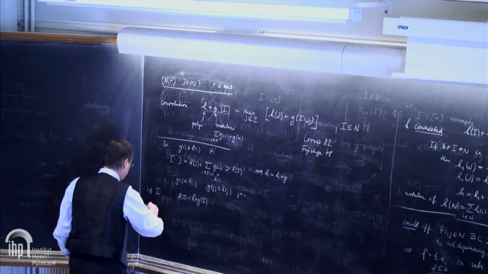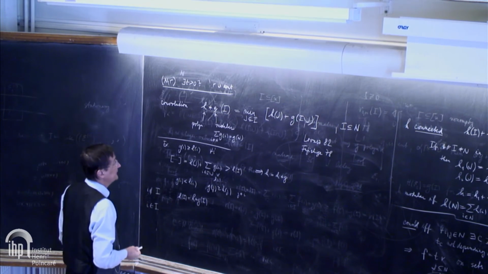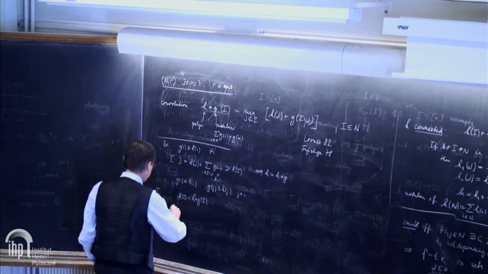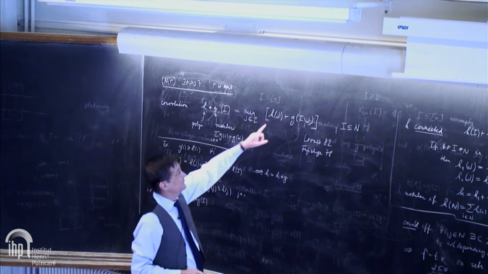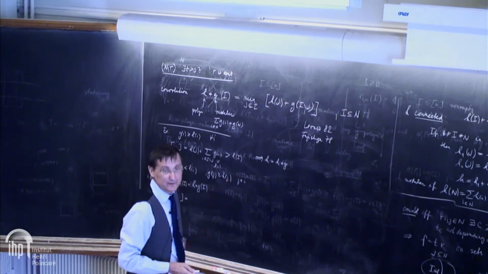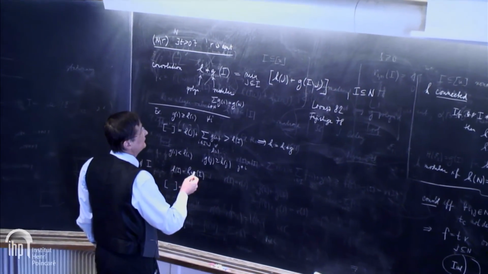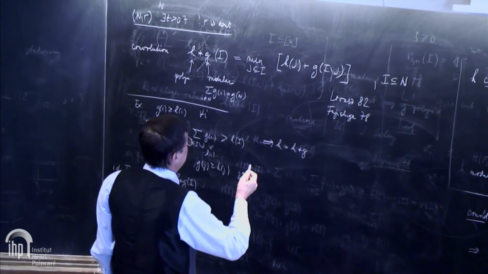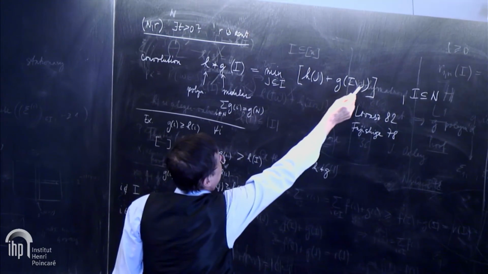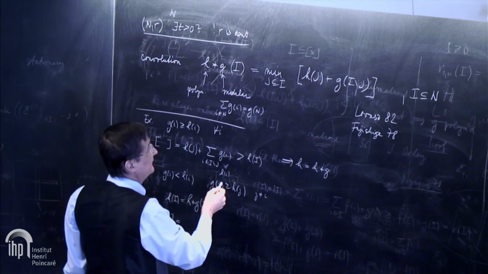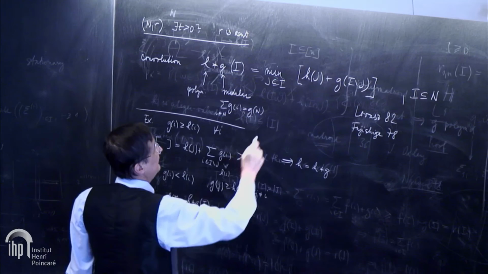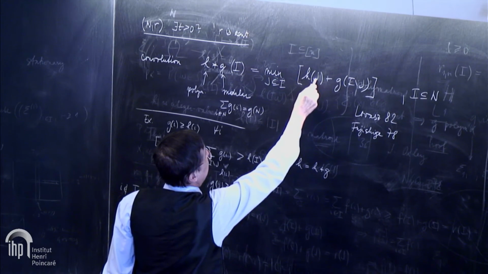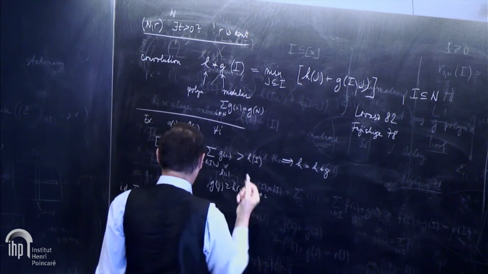And if i is in I, then the bracket depends on where this small i comes, whether to J or to the complement. If it comes to the complement of J, then I do the same trick. And if it comes to here, I do again the same trick.